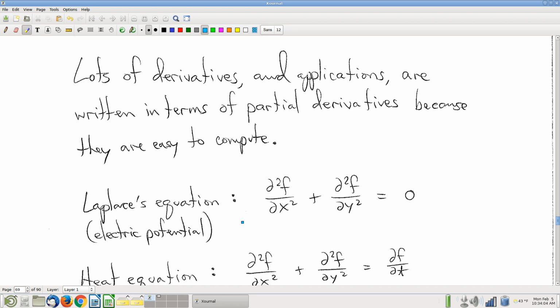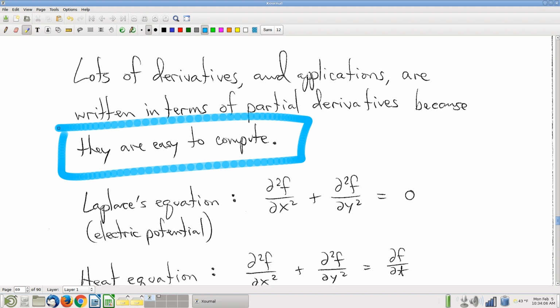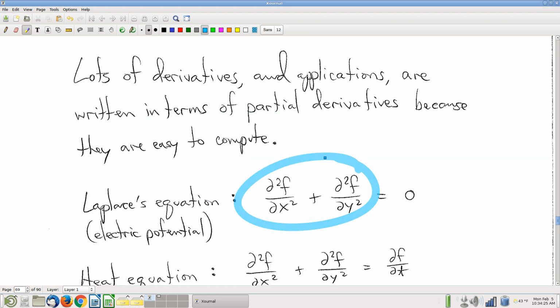That said, they are very important, and people use them all the time because they're so easy to compute. If there's a differential object of some sort that you're interested in talking about, if you can express it in terms of partial derivatives, then anyone who works with it will thank you. Take something like Laplace's operator here. There are different ways to write that.